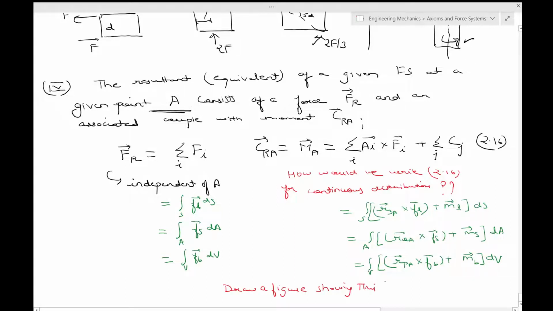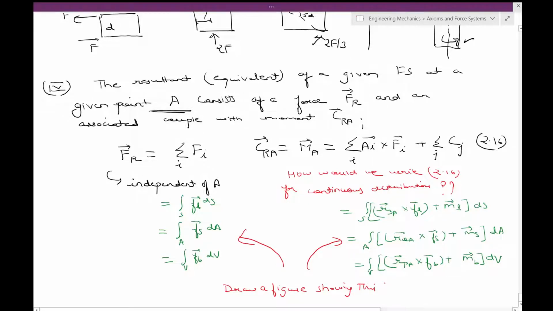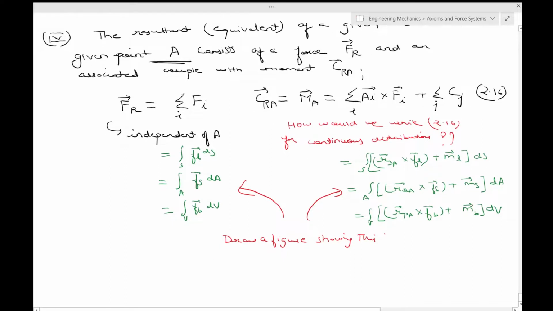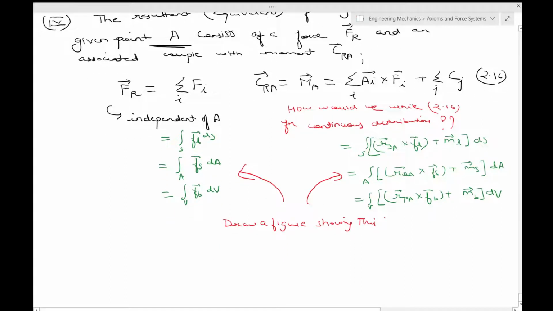You will require 3 separate figures: one for line, one for area, the other for volume. And the units you already know for ML, MS and MB. It will just keep on changing because you add one more dimension of length each time.